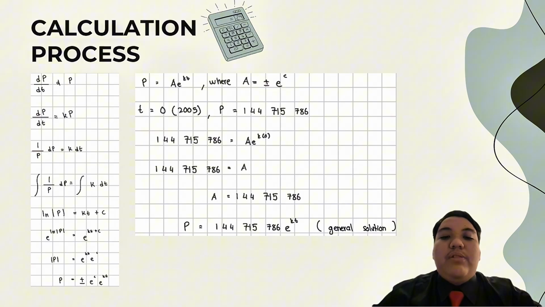The population is 144,715,786. We substitute this data into the equation and we get A, which is 144,715,786. And we substitute A into the equation and we get the general equation.